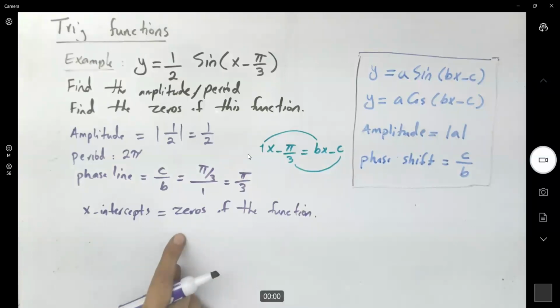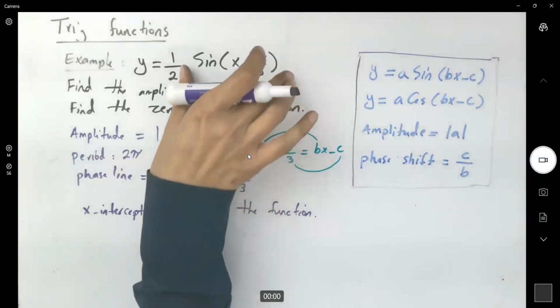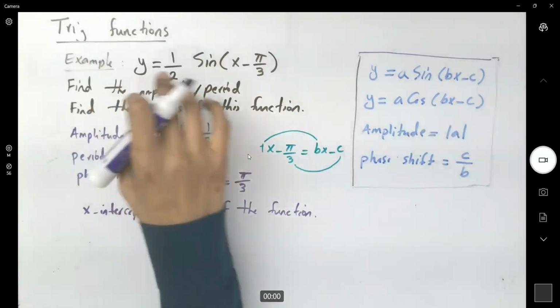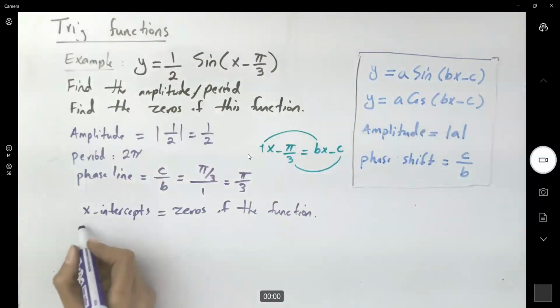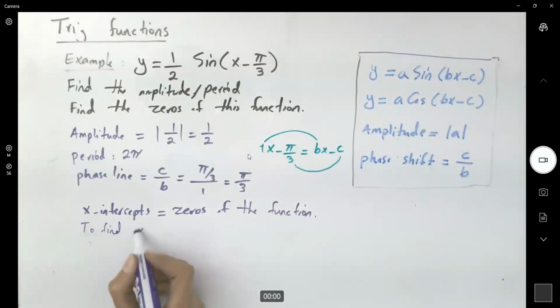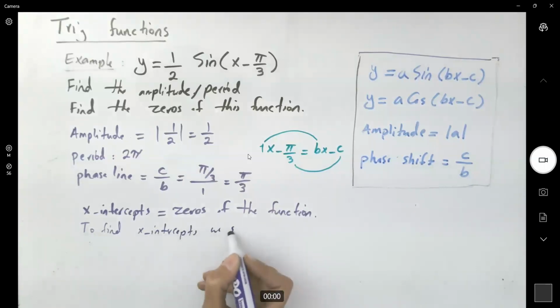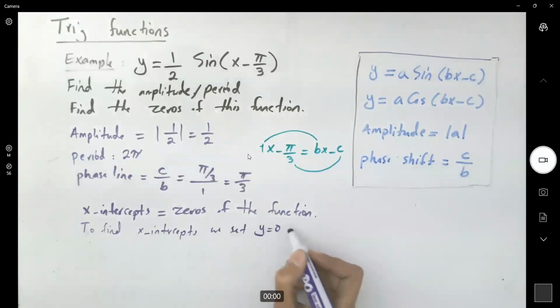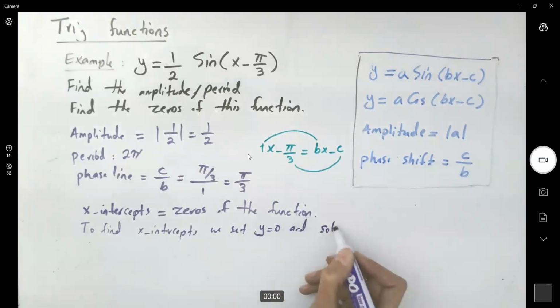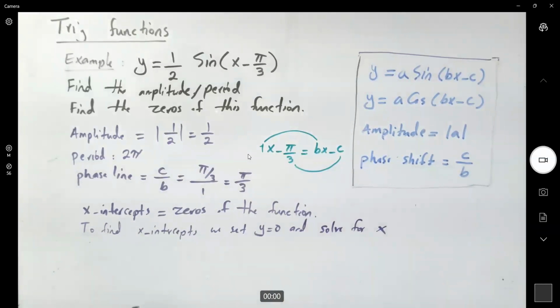What do I mean by zeros? To find zeros, you're going to set your y equal to 0. Remember that is from algebra. To find x-intercepts, we set y equal to 0 and solve for x. So this is the method that we learned in algebra. Now let us continue.